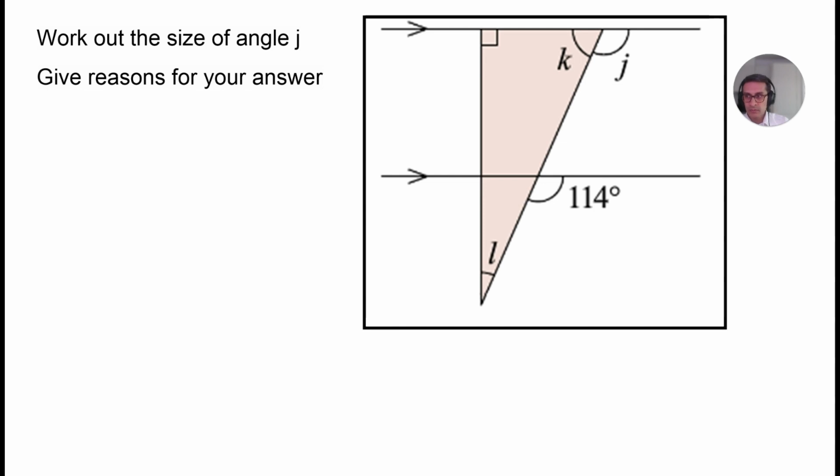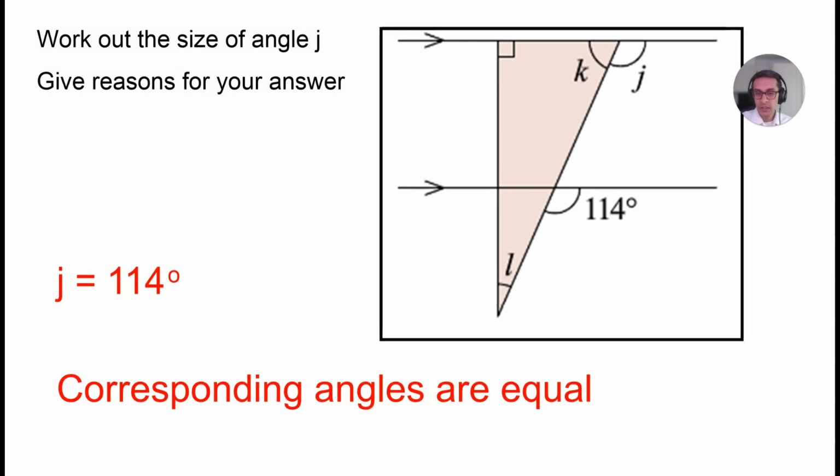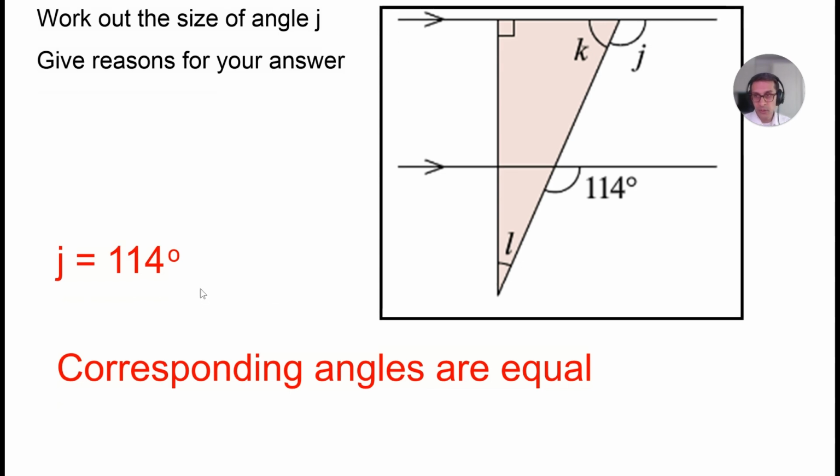Pause the video. So in this case, these are corresponding angles. So that will be 114. And we can work out K, and then when you work out K, we can work out L because it's just a triangle. In this case, we don't actually need to work out L yet.